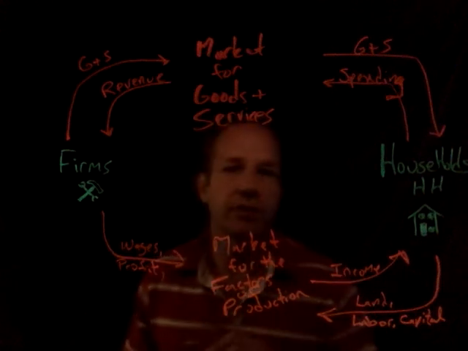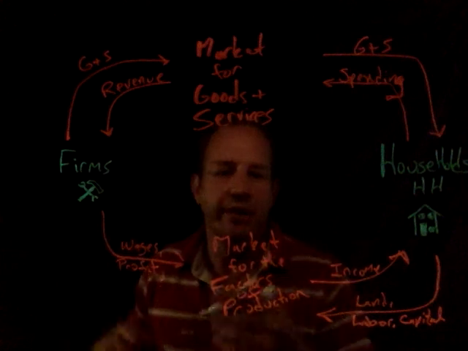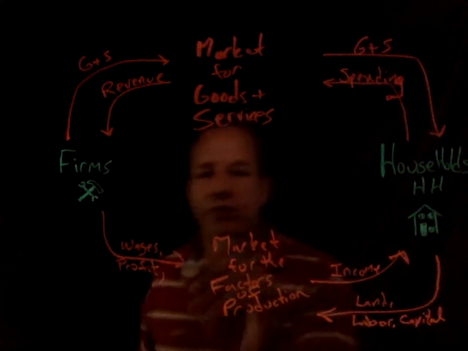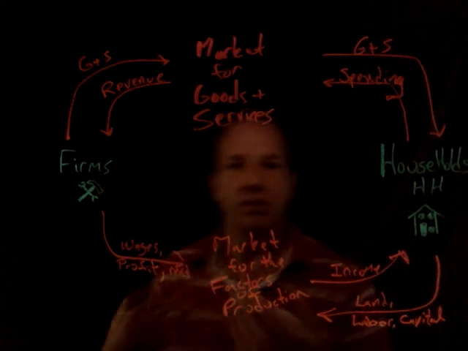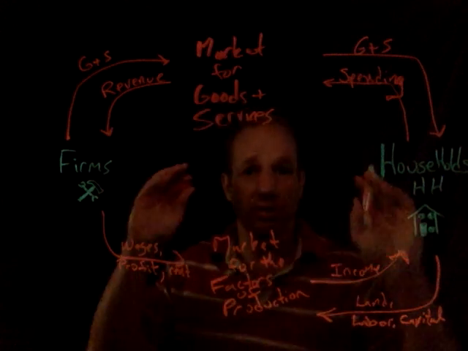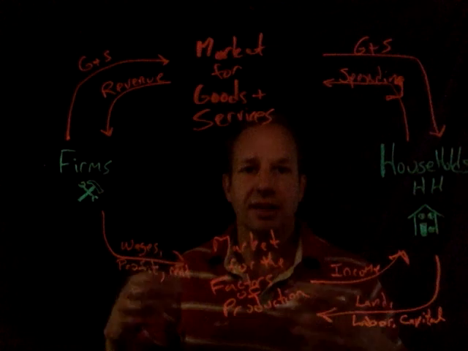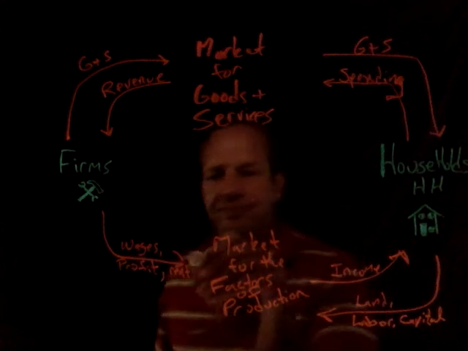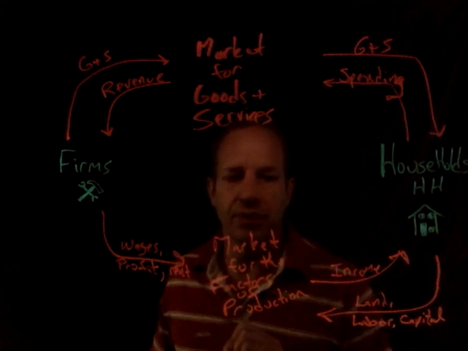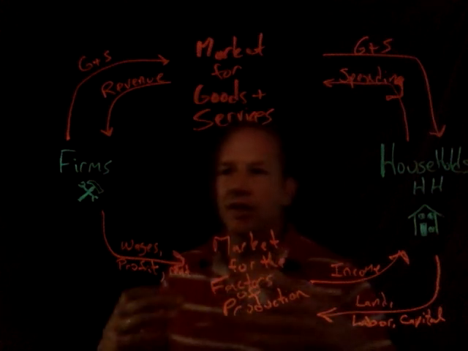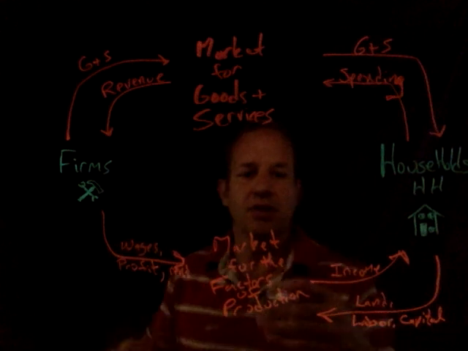I don't have a good story for this. I don't have some tie-in. The payment to land is called rent, and that's not too hard to remember, because when we pay to have an apartment or something, we pay what's called rent. But any payment to land or natural resources is called rent. And that's an arrow, and it's becoming muddled with my rent, but that's an arrow. And these are the things that firms need to make goods and services.